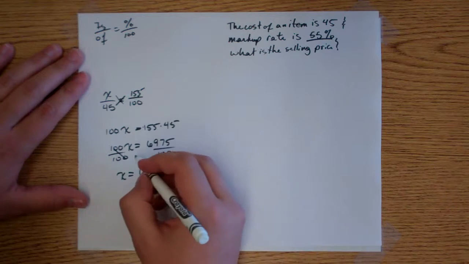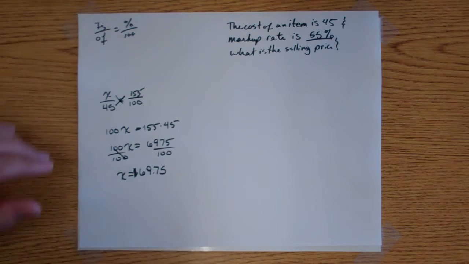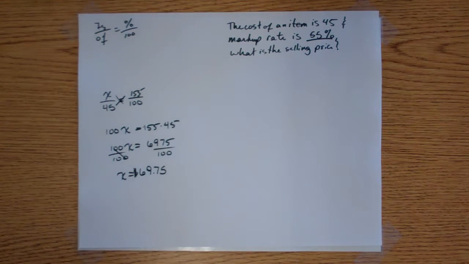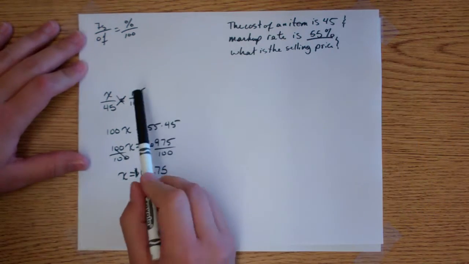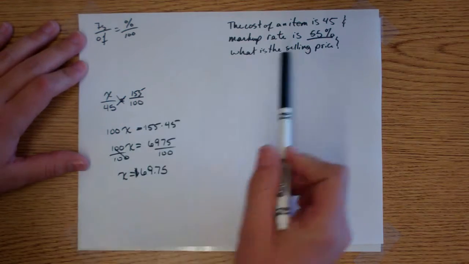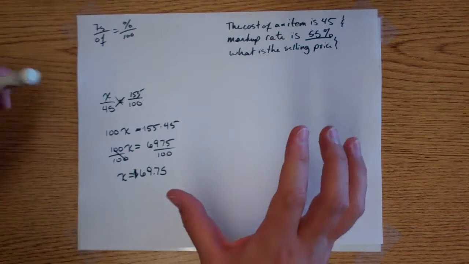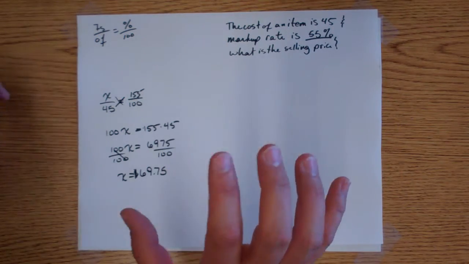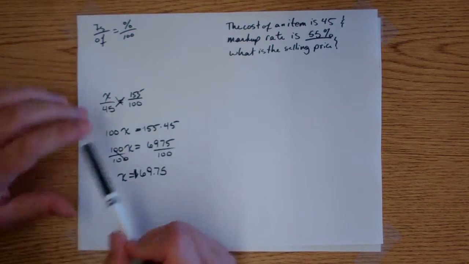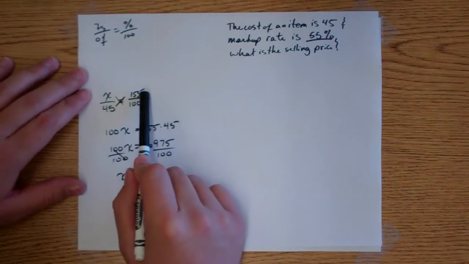So that's money. The selling price is going to be almost $70 because we have a 55% markup. So that's 155, because remember, it's the original price plus an additional 55. So it's 100% of the cost plus an additional 55%. That's why this is 155.